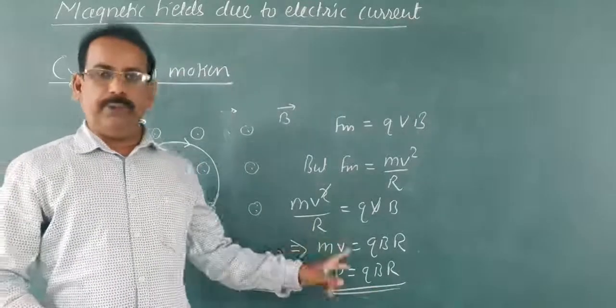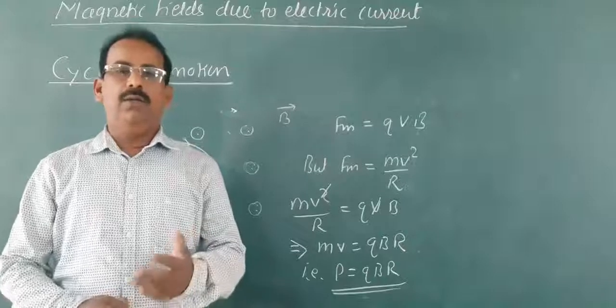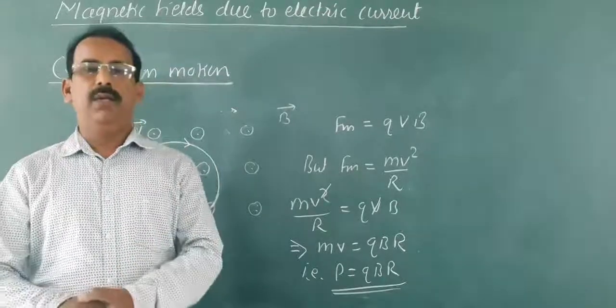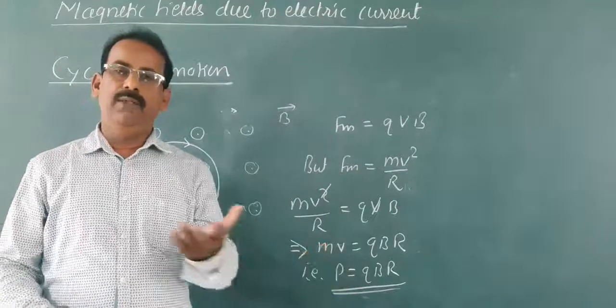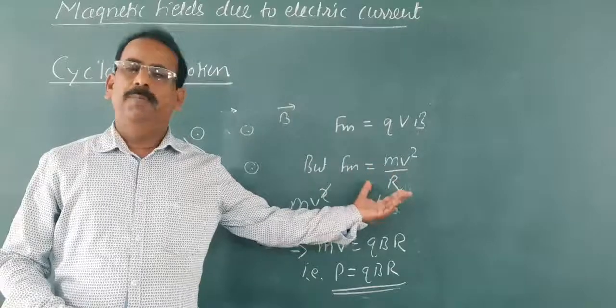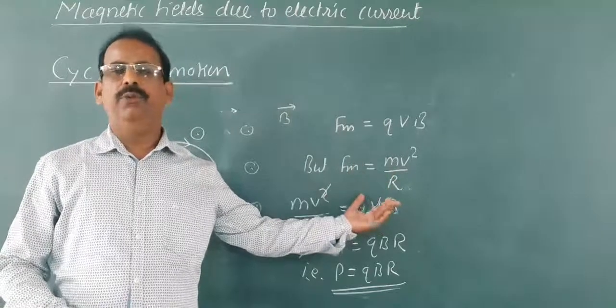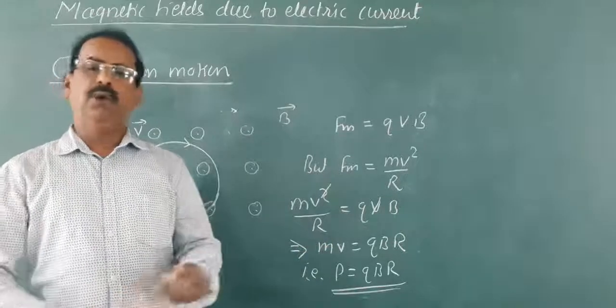This mv equal to q into B into r is called cyclotron formula. See how we obtain this cyclotron formula? Just by equating maximum magnetic force with centripetal force. This is called cyclotron motion.